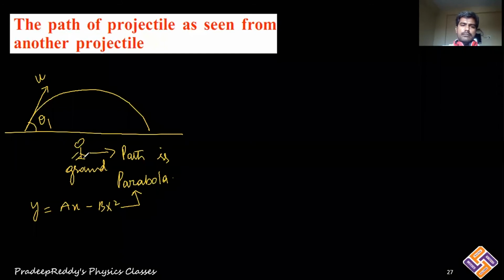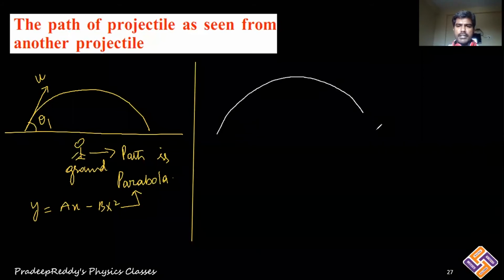If the person is not on the ground, you have two projectiles. One projectile is projected with some angle of projection, let me take it as theta 1.